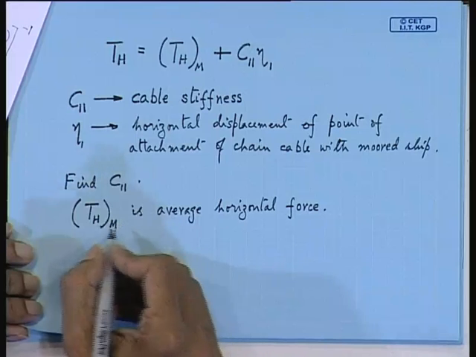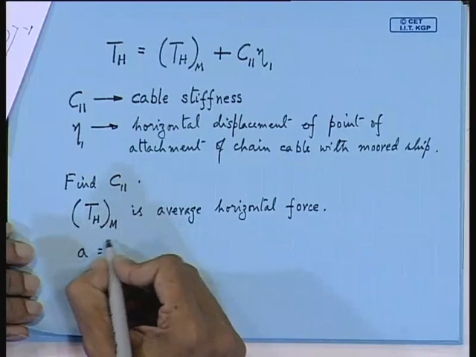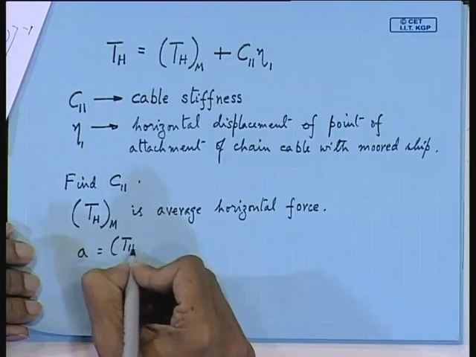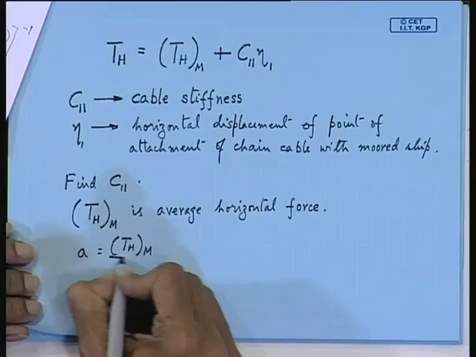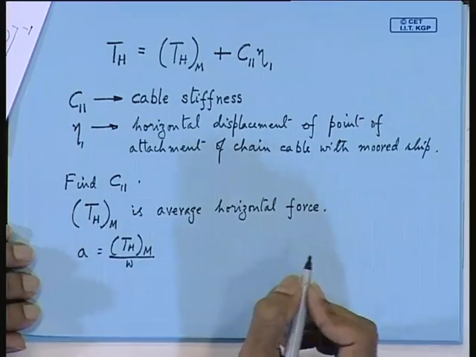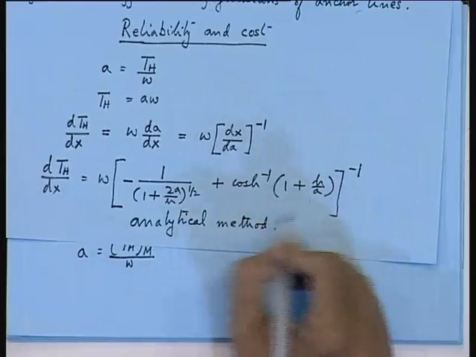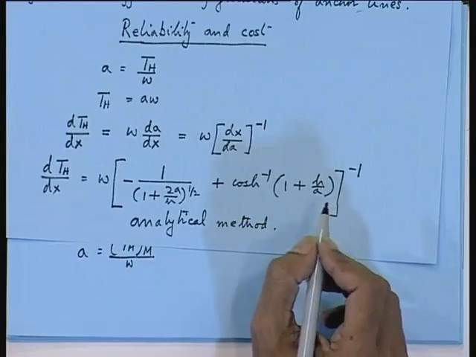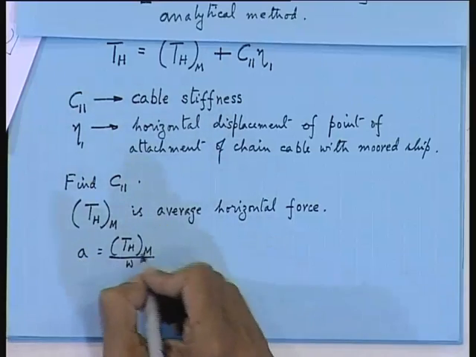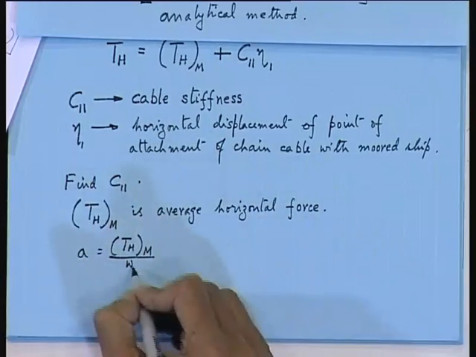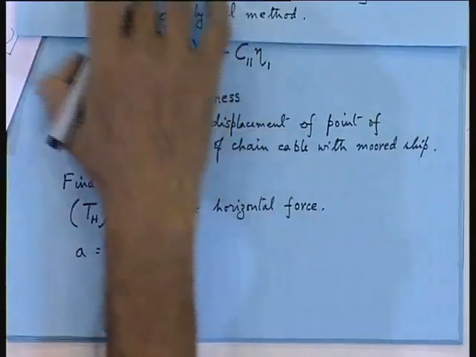Now you write this as A equals THM divided by W. So you will find in this expression there is a second term. Actually we have made this constant, isn't it? This is the reason. This A we have found out as average horizontal force divided by W. This is why it has been simplified. So we have found out the C11.